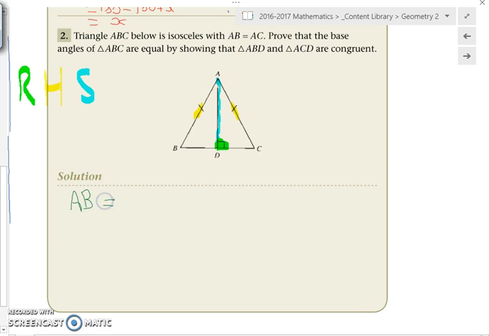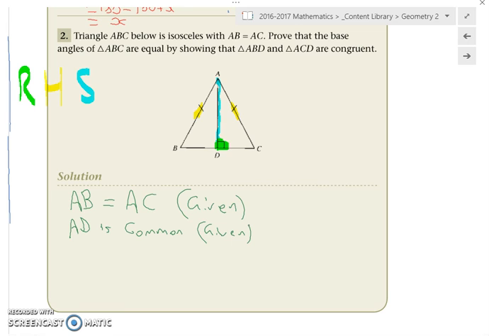So what have we got? We've got AB equals AC. Given. Do you agree with that? And now I'm going to use your one that they've got. Now you said they share it. What we actually say is AD is common. AD remains constant.